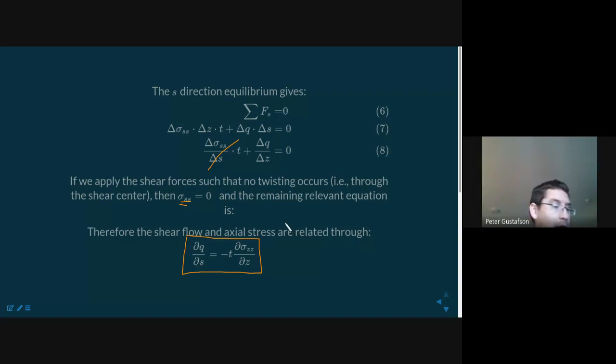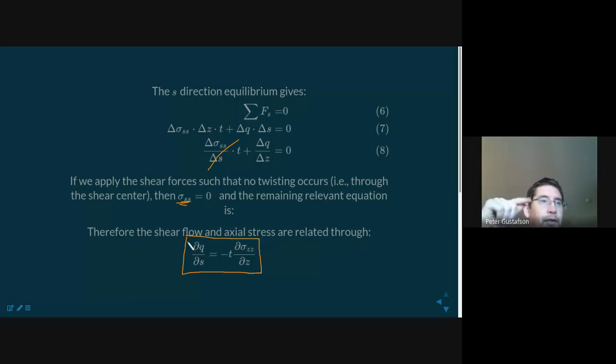It's worth noting a couple of things with this equation. First of all, one might say, well, you're going to have twisting sometimes. And I agree with that. So when that's true, then this is problematic. However, and we've made this argument now a couple of times, we actually proved why we could do it earlier. Remember how we said we can decouple axial load from bending, and we can decouple twisting from bending and twisting from axial load?